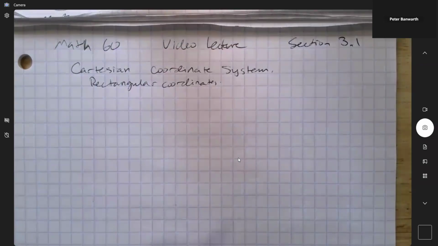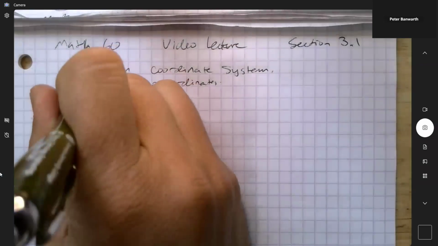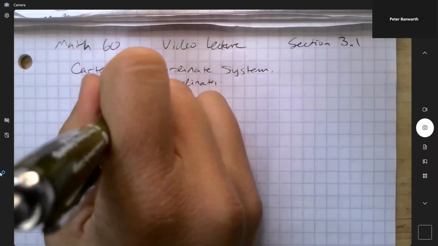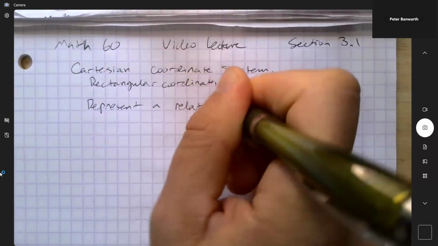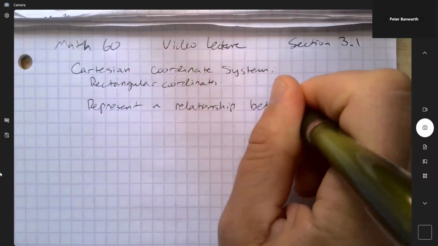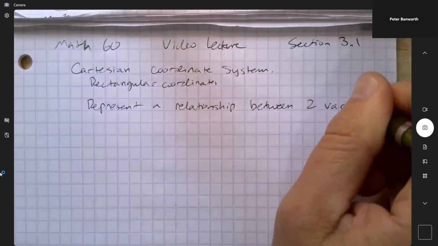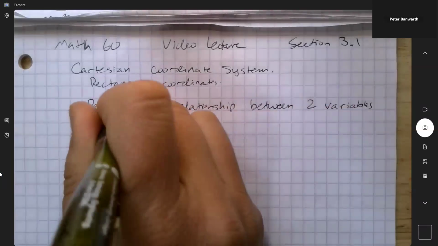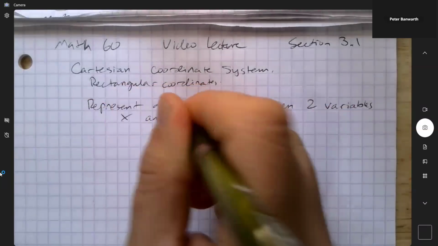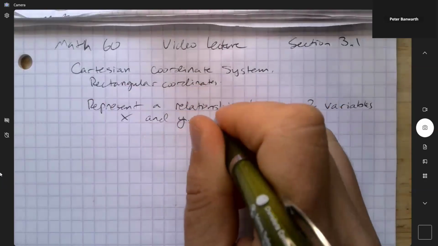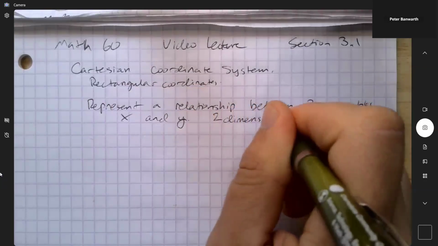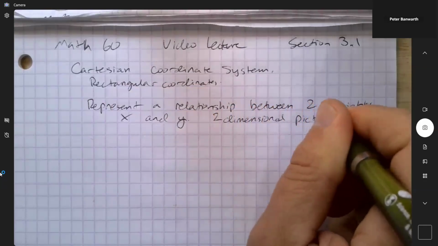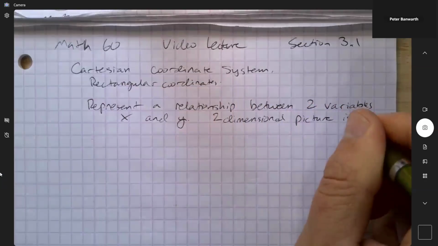And I'm using graph paper, which is great because graph paper's already got me most of the way there. If we were to represent a relationship between two variables, let's say x and y, well, two variables means that a two-dimensional picture would be pretty useful.